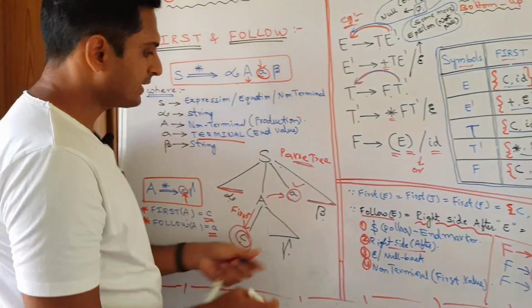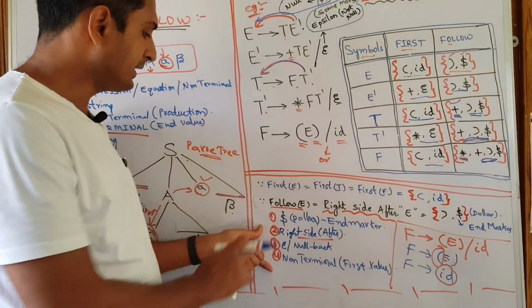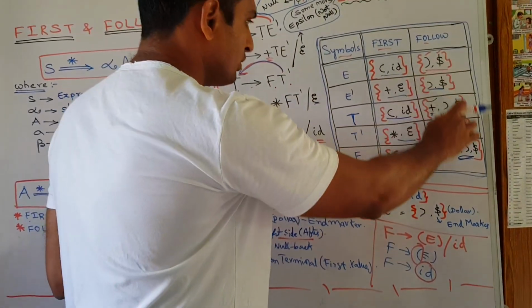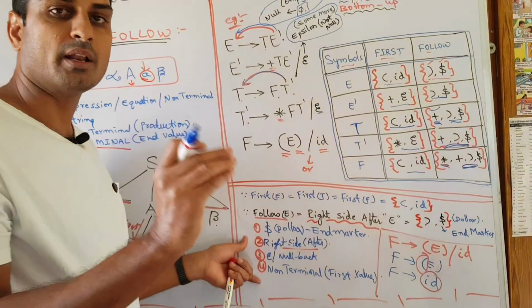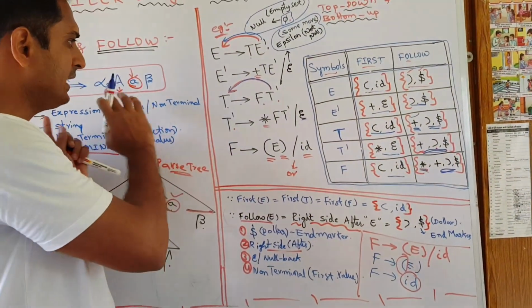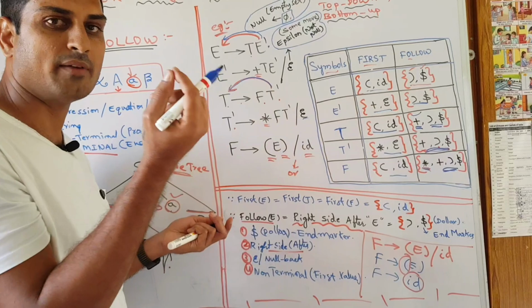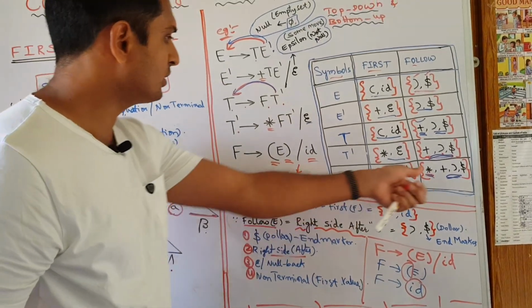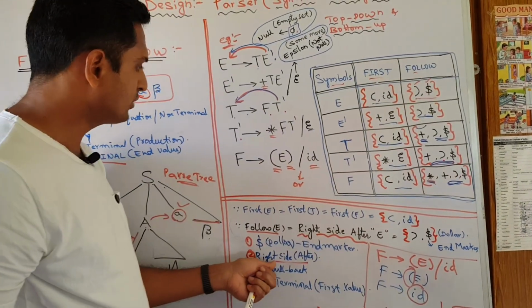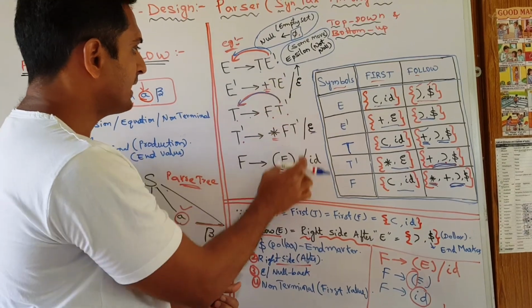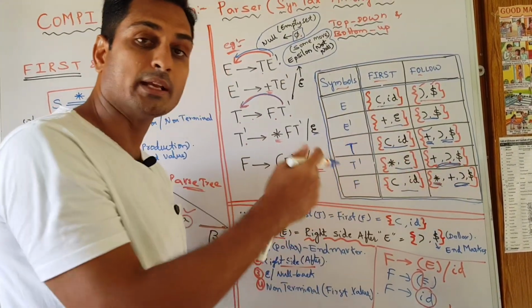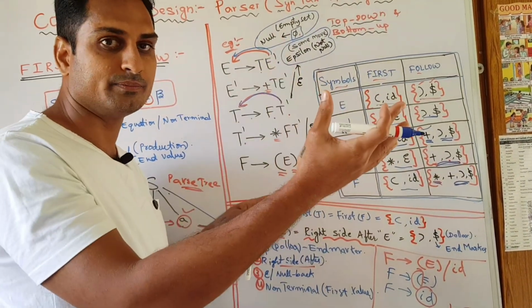But the only thing is we have some rules. At the end we need to put dollar, because dollar is an end marker. For any equation, at the end we have some end value, so we need to put dollar. We need to go to the right side and check the next value. If the next value is a terminal, we can write it.